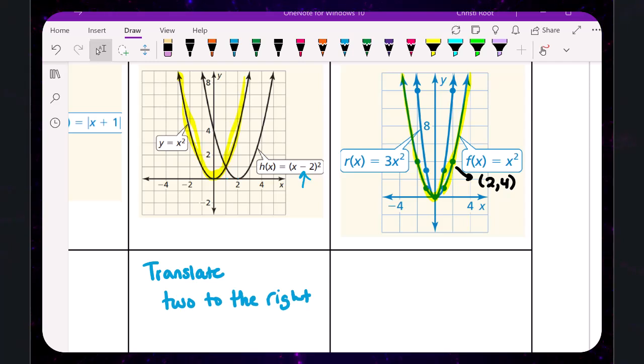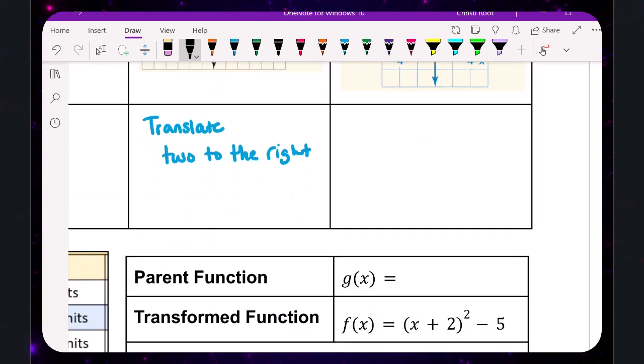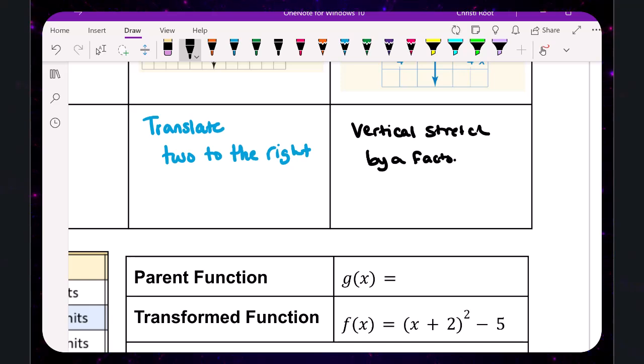If that's at 2, 4 and the point has been stretched all the way up to here, see how this is 8? This is actually being stretched all the way up to 12. So that point is now 2, 12. Now look what happened. It went from 4 to 12. It's multiplying it by 3. So 3 times 4 gives you 12. So this is going to be a vertical stretch by a factor of 3.